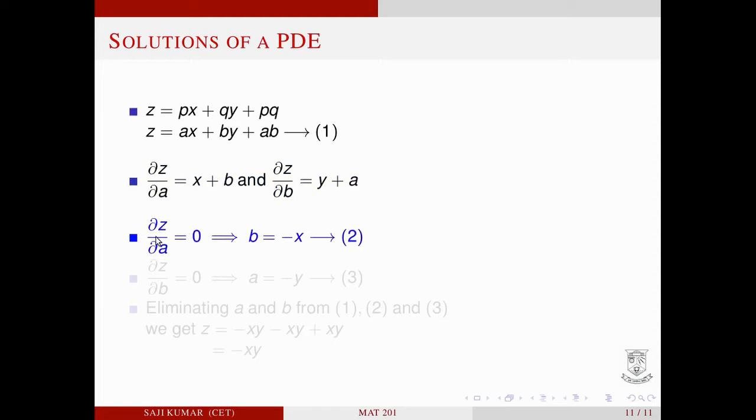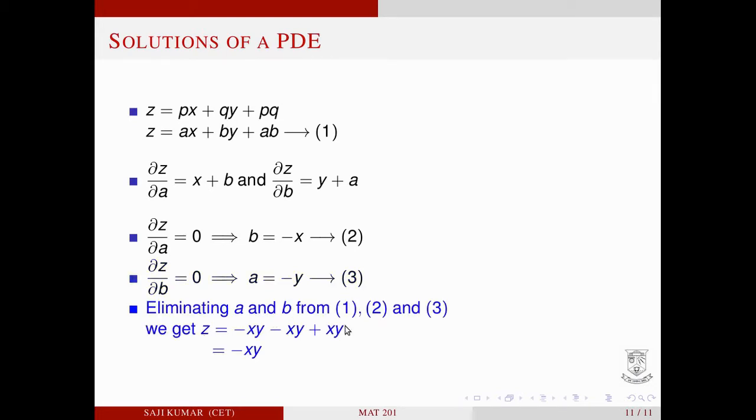Equating ∂z/∂a with 0, we get b = -x, equation number 2. And equating ∂z/∂b with 0, we get a = -y, equation 3. Now we are going to eliminate the arbitrary constants between the given relation 1 and the equations ∂z/∂a = 0 and ∂z/∂b = 0.